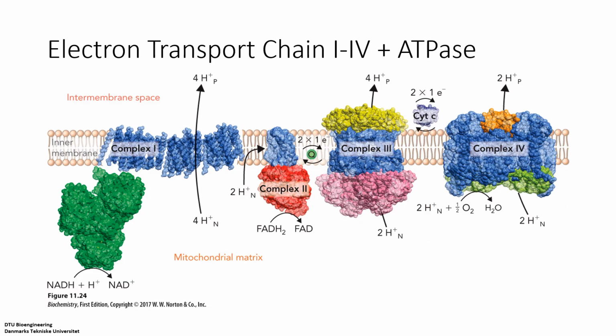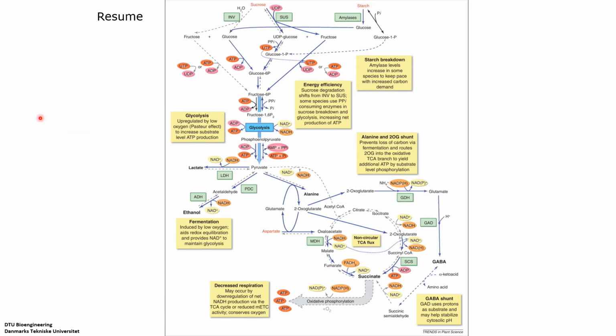So just a resume slide if you're in doubt. Glucose being the key here, glycolysis, pyruvate oxidation into acetyl-CoA. There are these extra chances of oxaloacetate, glutamate, alanine. We can get something produced here. The citric acid cycle, which is not fully circular, but it could be made circular.